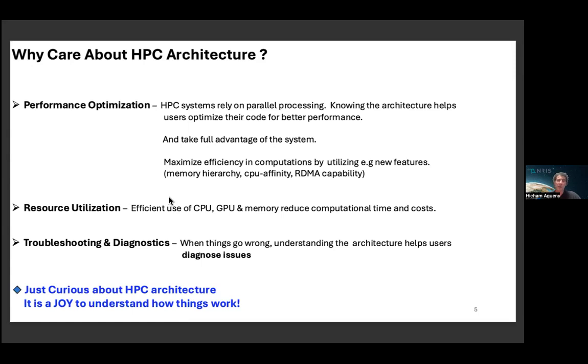Not only that, it helps users take full advantage of the system by utilizing new features, and there is fast development in hardware technology.